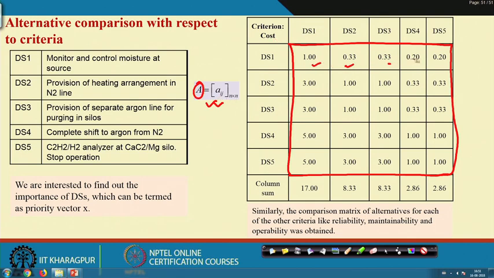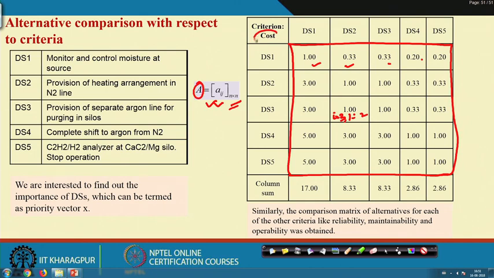Each of the elements: the ith row and jth column value is Aij. So, if I consider i equal to 3, j equal to 2, that is Aij. What is n? n is the number of alternatives or number of design solutions.